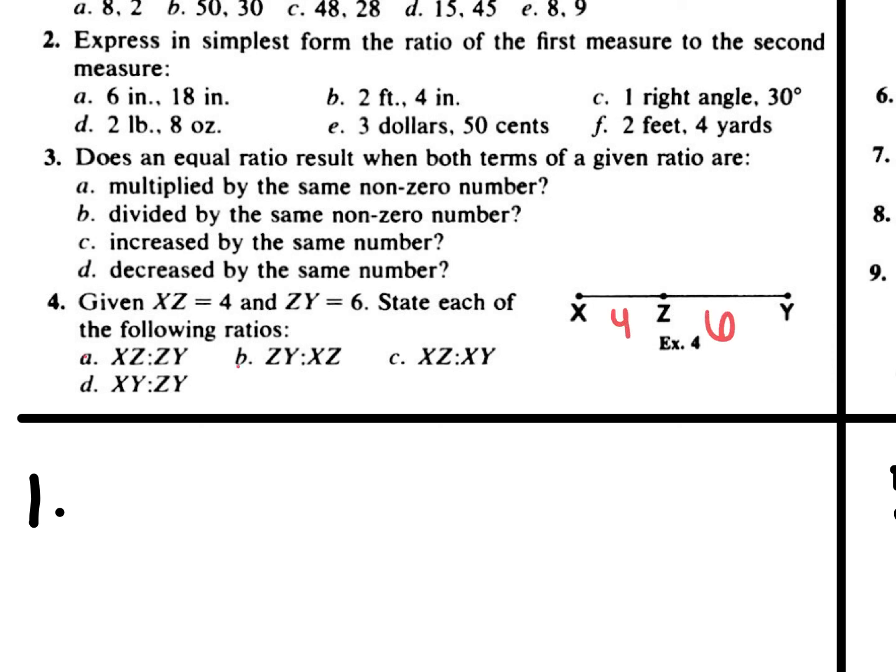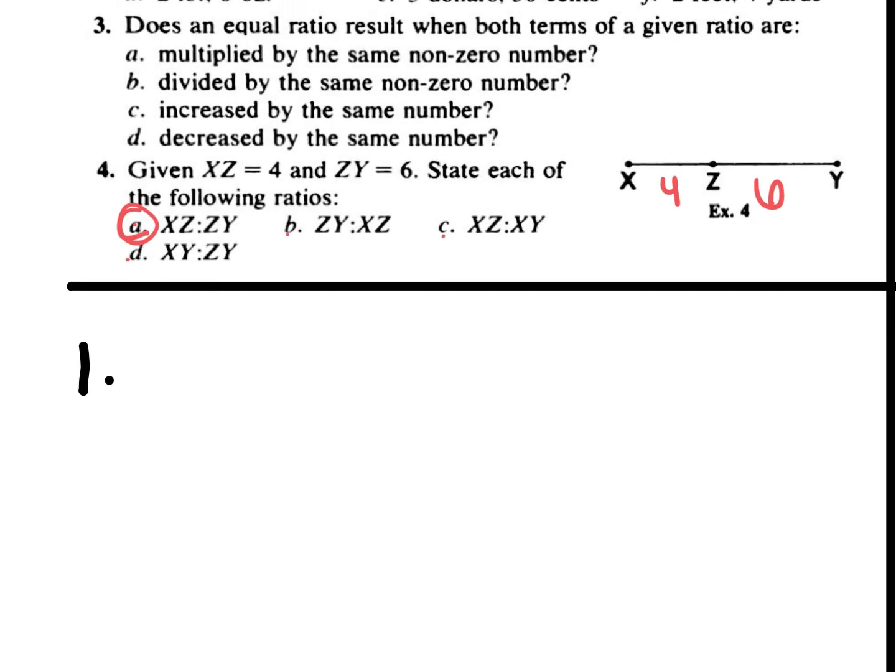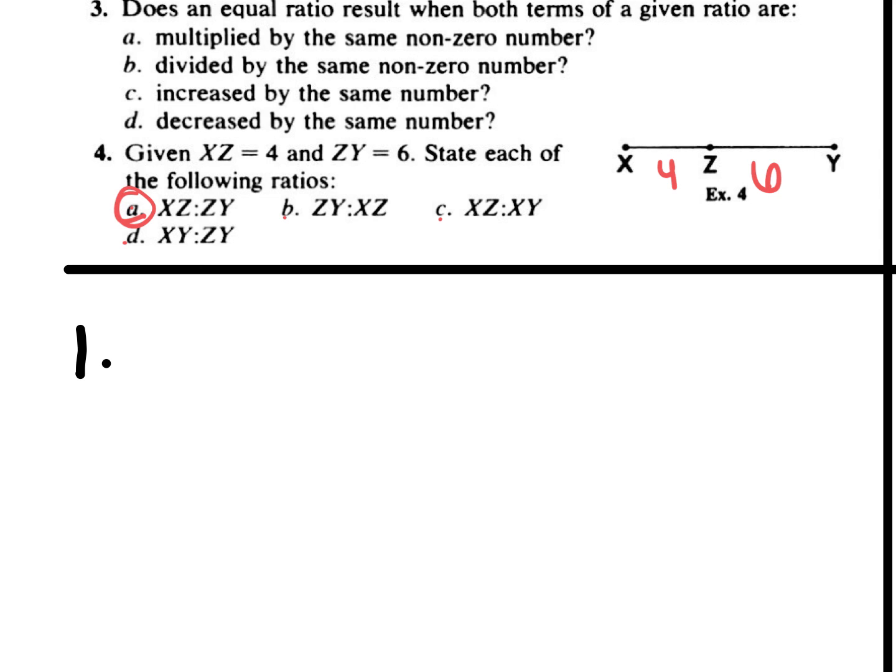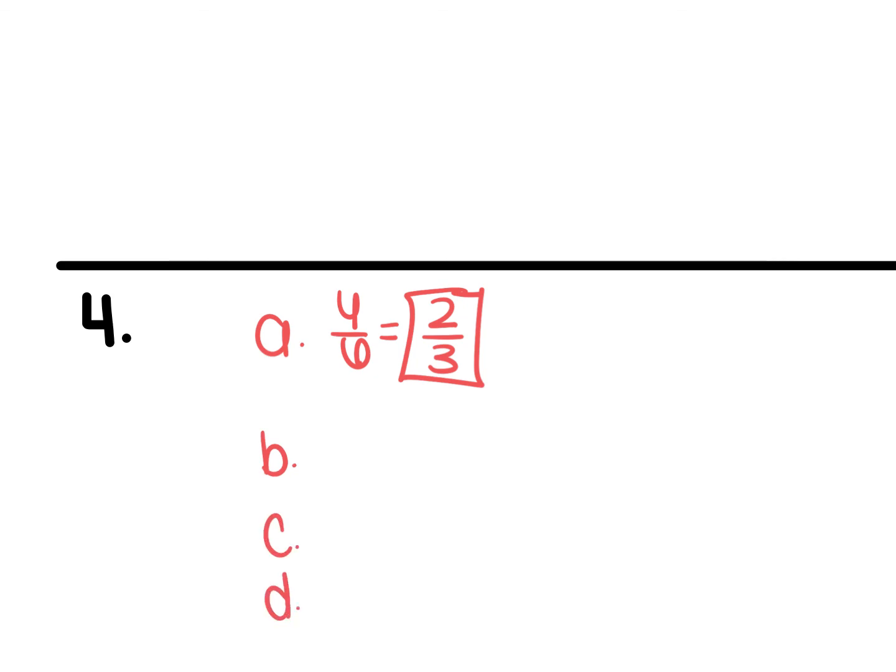There's a, b, c, and d. For a, xz to zy is going to be 4 to 6, which simplifies to 2/3. Then I would do B, then C, and then D.